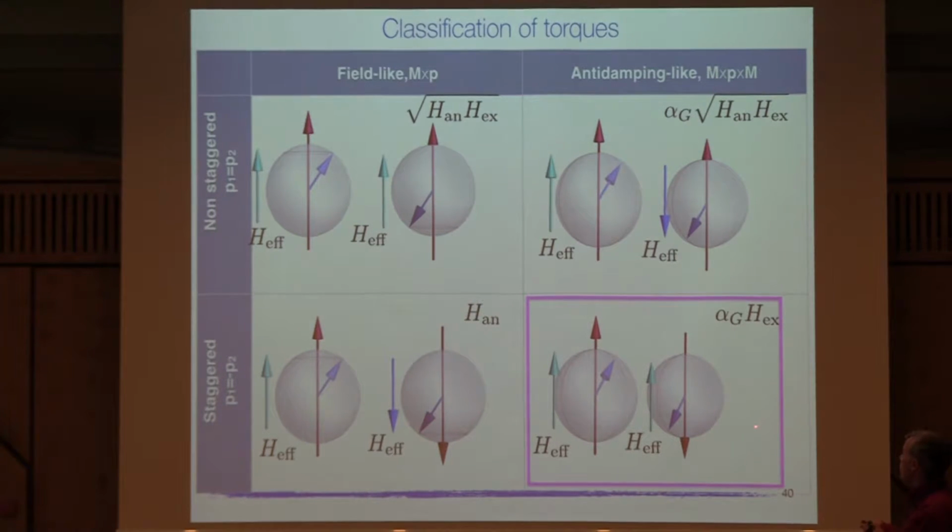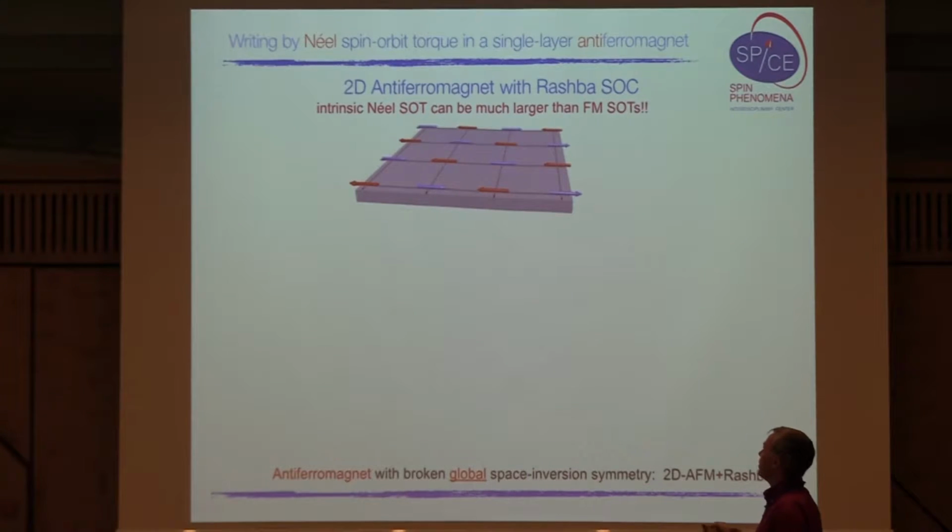But the point that I also wanted to make is that you also have this anti-damping type of torque that has not been observed yet. This one would be if you actually have a system with an antiferromagnet with a homogeneous spin-orbit coupling field that is seen by both sublattices the same.